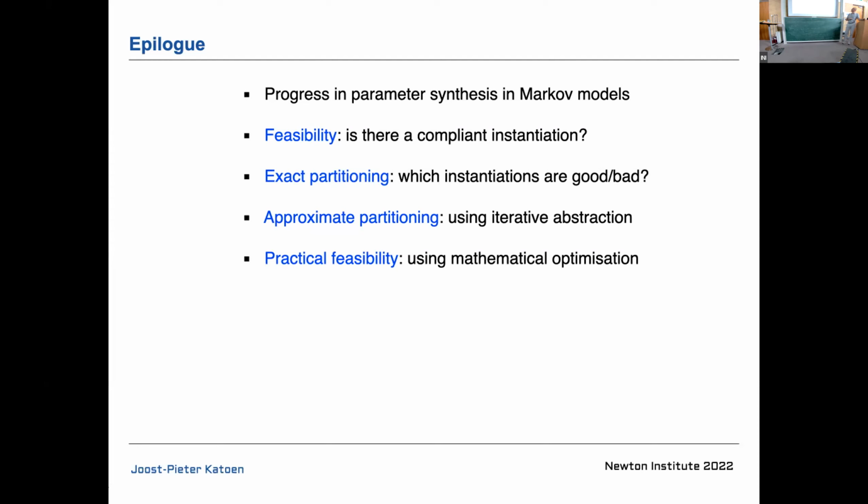I showed you the exact partitioning. There are 2 parts that I checked out. The approximate partitioning is something I skipped. But the practical feasibility is what I showed you, that you can use mathematical optimization there. So that's what we try to do. We try to find the right probabilities in an automated manner. And this is what we, for instance, also apply to Herman's randomized self-stabilization.